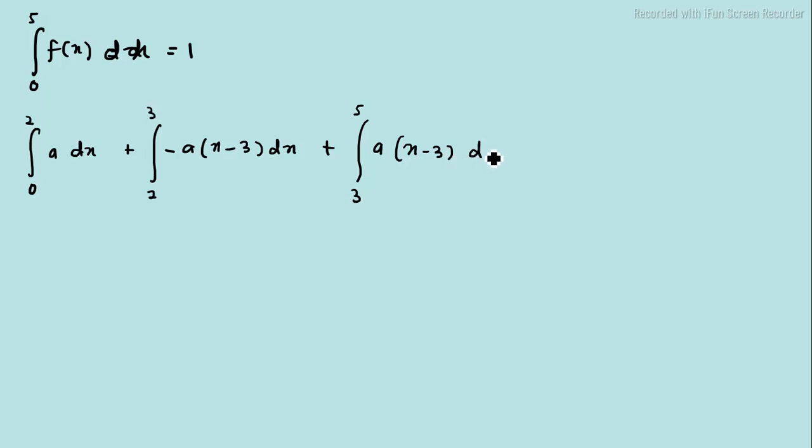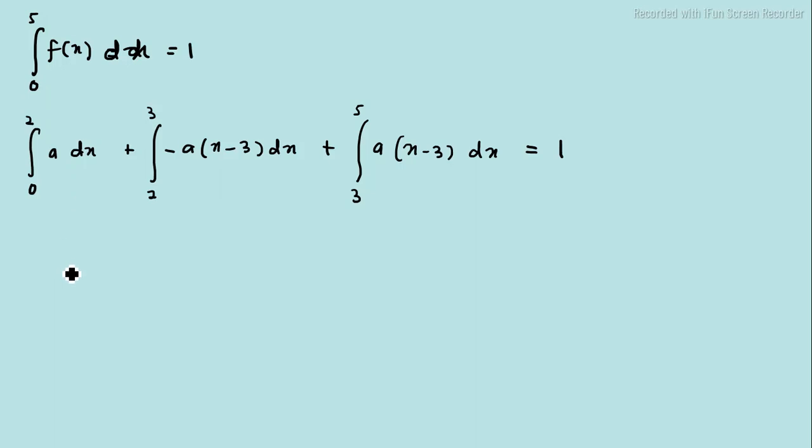Kita kena pecahkan dia. 0 to 2, your function is A dx, plus from 2 to 3, your function is negative A x minus 3 dx, plus from 3 to 5, your function is positive A x minus 3 dx equal to 1.